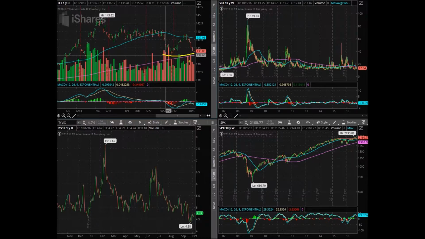We're not quite at the very bottom. We've got a few cents to go till we hit the actual bottom that we did in September. And at the same time, we're not right on the 200-day moving average like we were with the IEF.